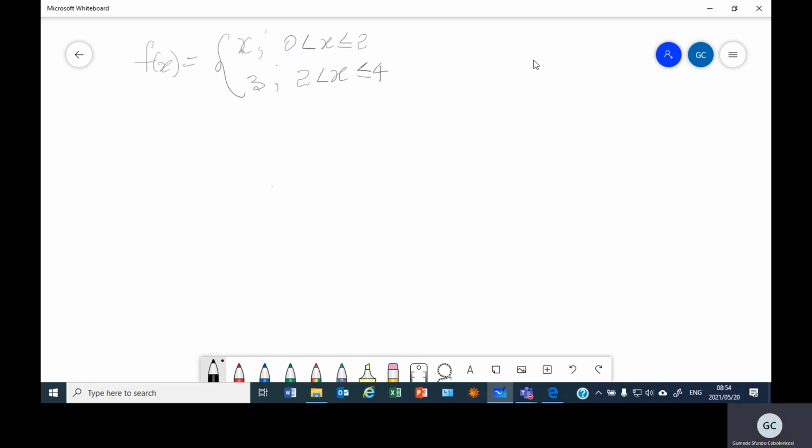And we are given that the period f of x is equal to f of x plus 4, which means the period of the function is known, it's 4. And we are sketching from -4 up until 8.